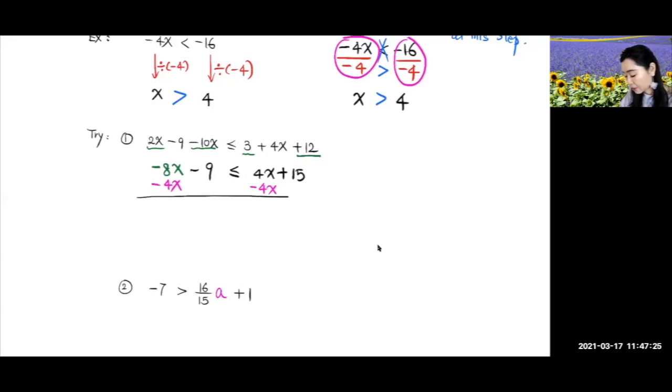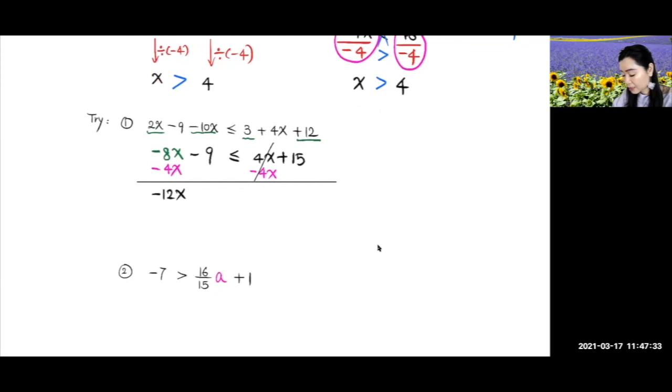Just like our equation. And I will end up with negative 12x over here. And notice that this cancels. Now, when you add or subtract, the inequality sign is not going to switch. Now, I have the x on the left side. I would like to have the number on the other side of this inequality. So I don't want this number to stay here. So undo that. We'll add 9 to both sides.